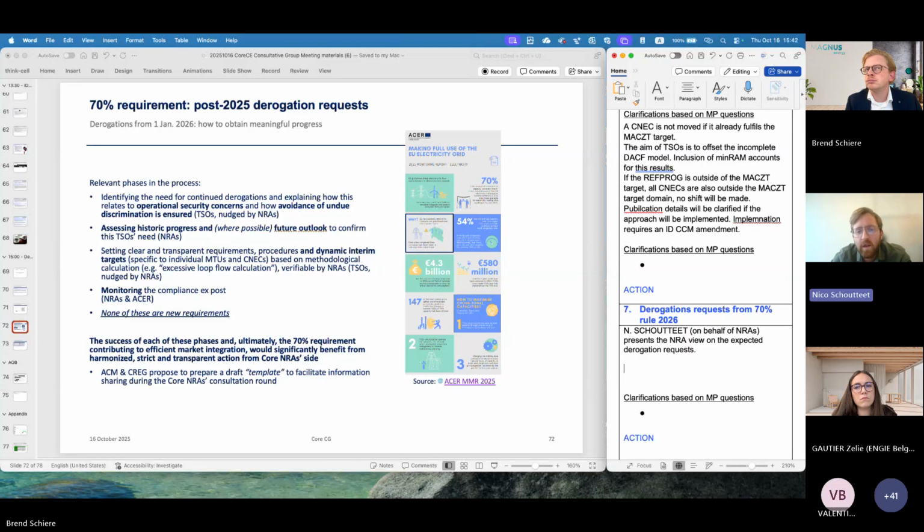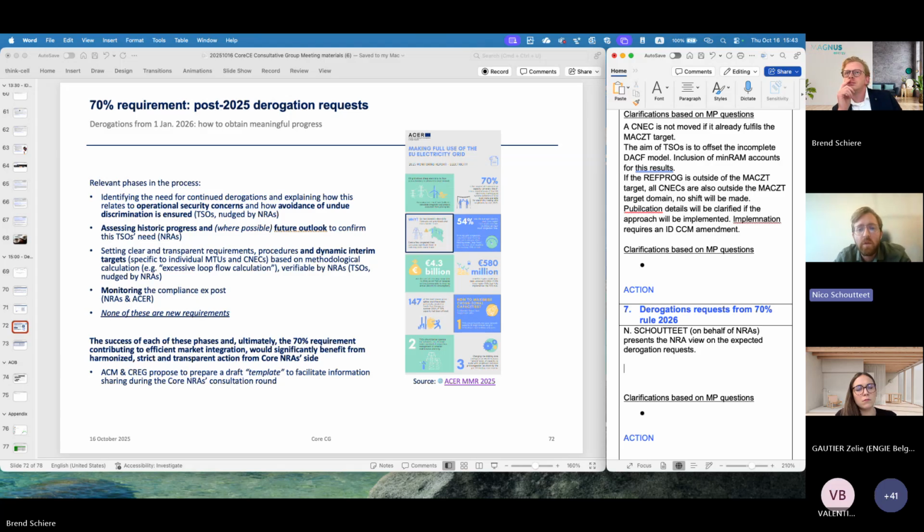And so in order to accomplish that, or to try to initiate that, we had a look at the different phases which lead to an approval or not of the derogations. And there are some quite important phases that we established in this process. So first, obviously identifying the need for a derogation and identifying the actual operational security concerns that would result in the fact that TSOs cannot guarantee at all times the 70% requirement.